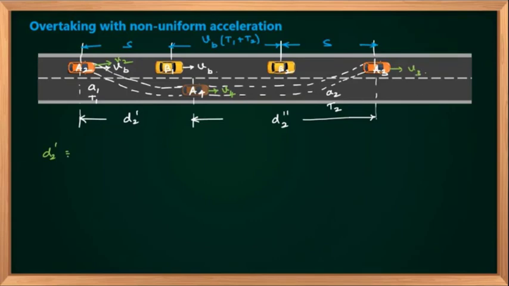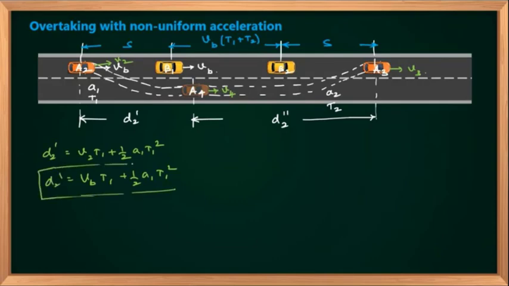That is v2 t1 plus half a1 t1 square, because he is going at an acceleration of a1. This v2 is actually VB, so d2 dash is VB t1 plus half a1 t1 square, correct? Is that clear?